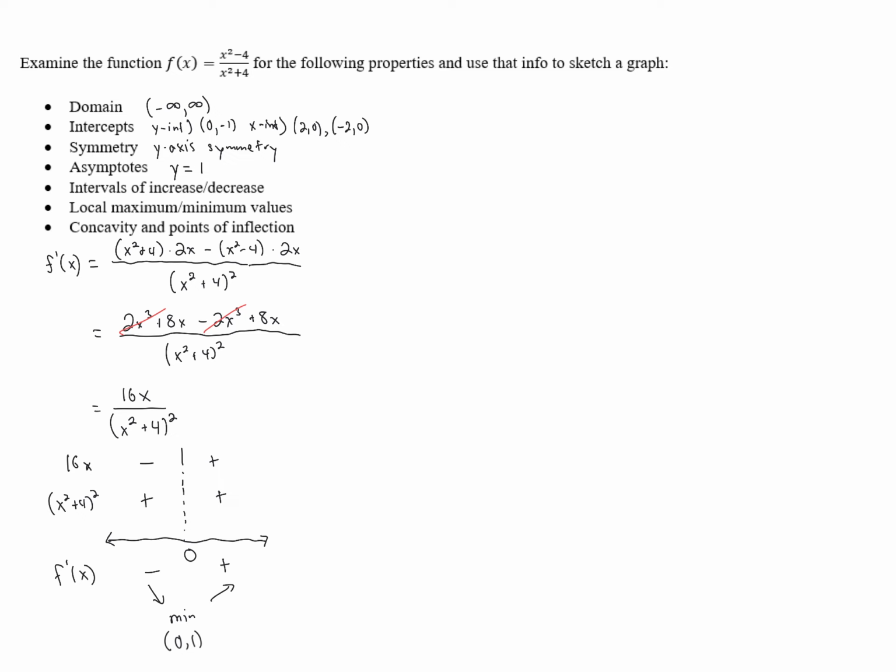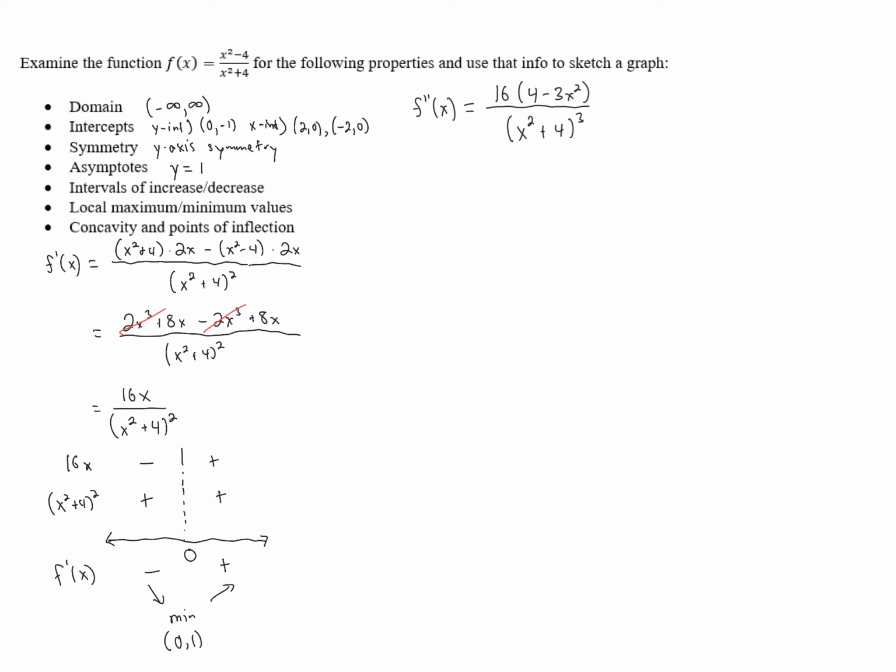To save time, I am not going to go through and show the work for the second derivative. I would encourage you to pause the video and get practice working that out on your own. We would use the quotient rule again, and we end up getting 16 times 4 minus 3x squared all over x squared plus 4 cubed.